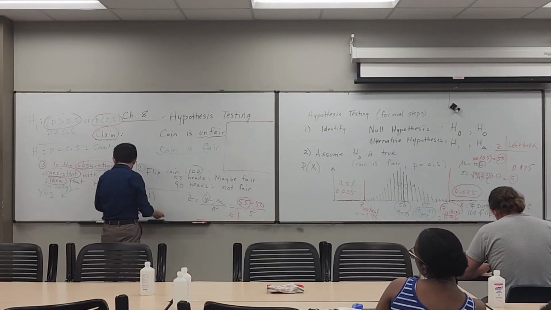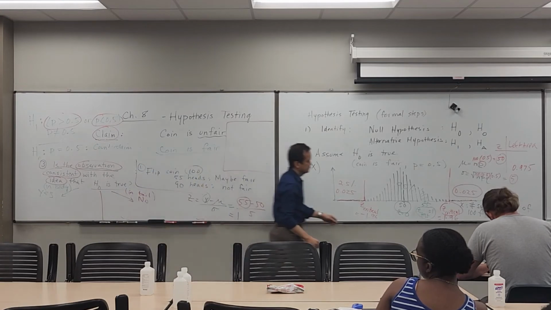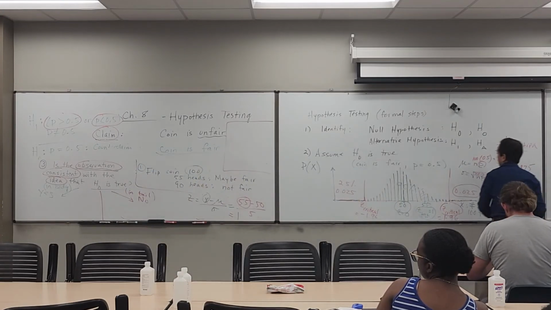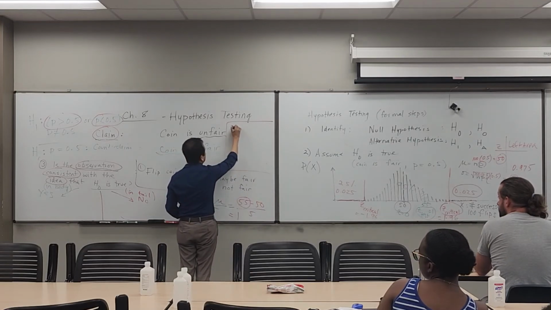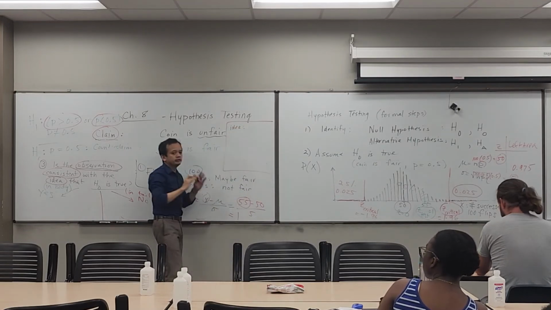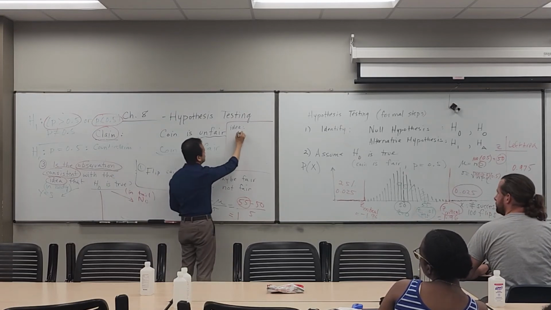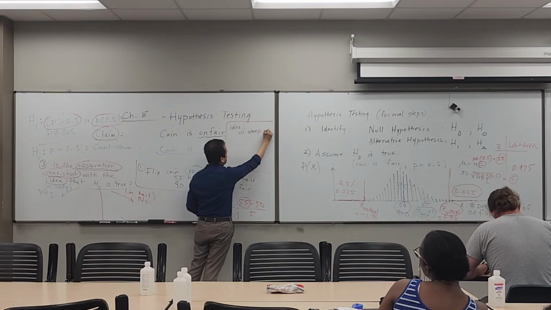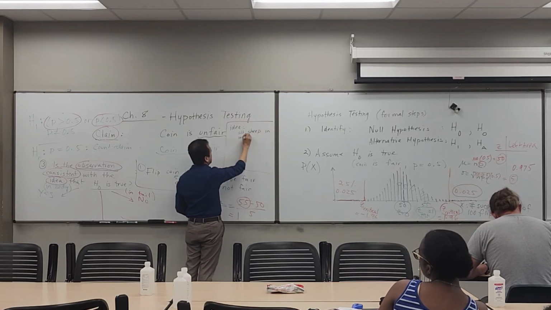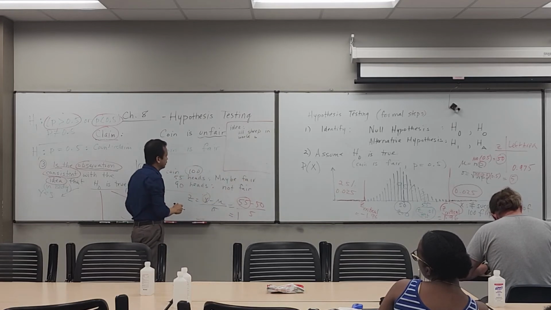So let's use a much simpler, more absurd example. Let's say that your idea is that all sheep in the world are white. And for simplicity, I'll just say all sheep are white.